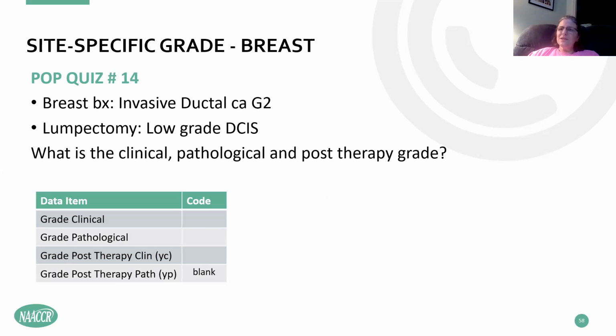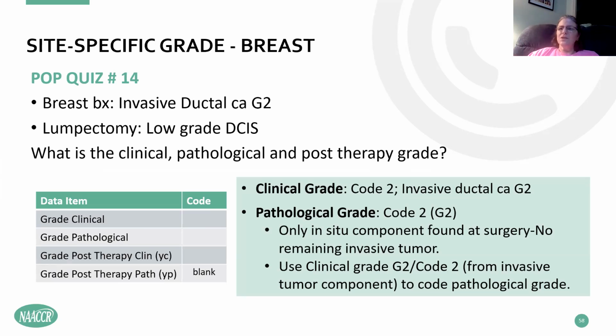So here's a situation where we have an invasive ductal carcinoma as a grade 2, and the lumpectomy shows a low-grade DCIS. So now we're going from invasive to in situ. So your clinical grade would be code 2 based on the G2.